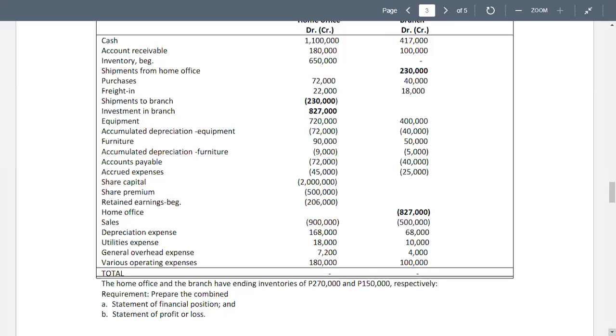So the total equity is 3,169,000. So the total liabilities and equity is 3,351,000. Our retained earnings beginning was only 206,000.